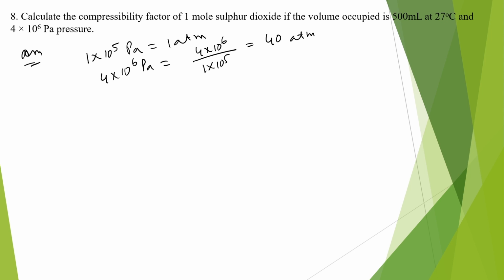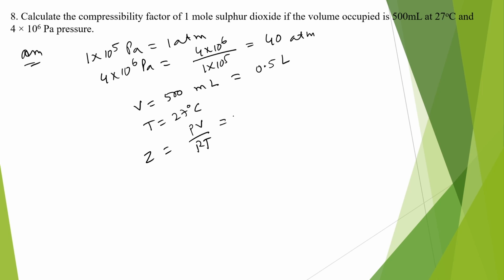This is the pressure. Okay, so volume is given in ml, so 500 ml, so we convert into liter. So liter is 0.5 liter. So PV is done. Now T is 27 degrees Celsius. So Z is PV by RT, right?